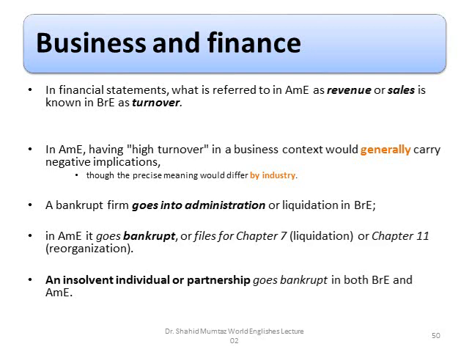So they say the firm has gone bankrupt, or they say it files for Chapter 7 liquidation. So the firm files for Chapter 7, or the firm files for Chapter 11 reorganization. Right, and an insolvent individual or partnership goes bankrupt in both British and American English.